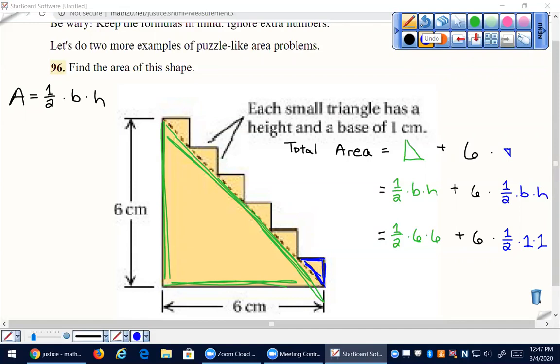Wait a minute. Plus 6. I didn't do that. What part's confusing?